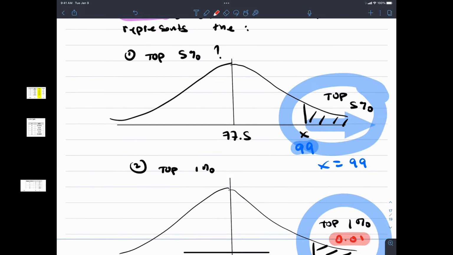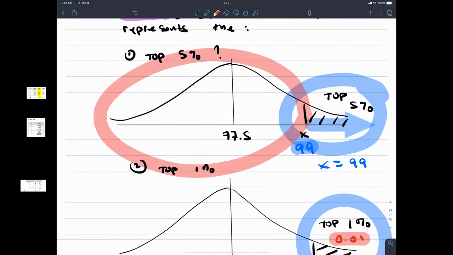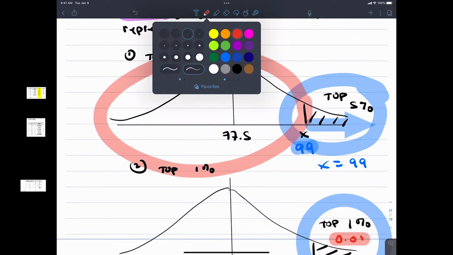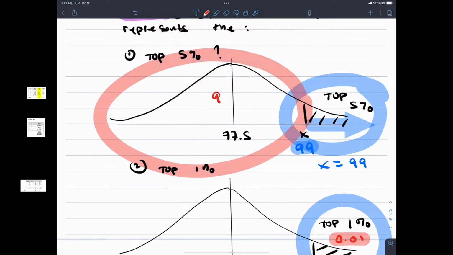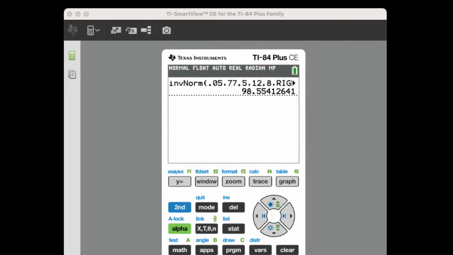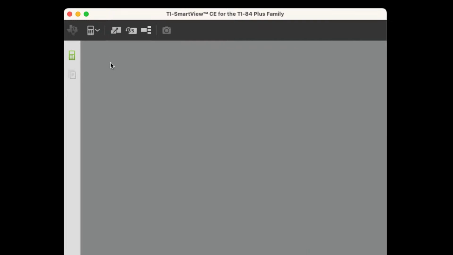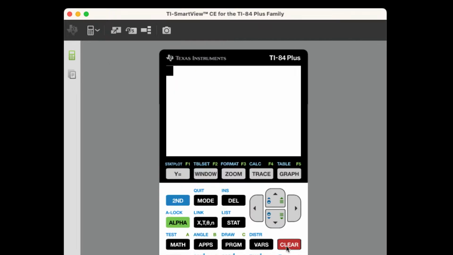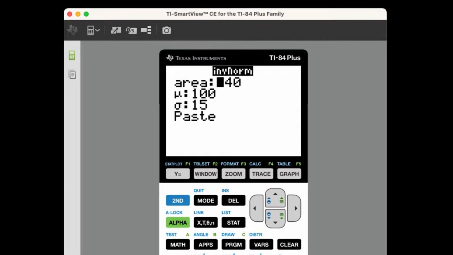Okay, remember, what's the area to the left of that value? Always think complement. What's the complement of 5%? 95. What's the decimal representation? Second distribution, inverse norm.